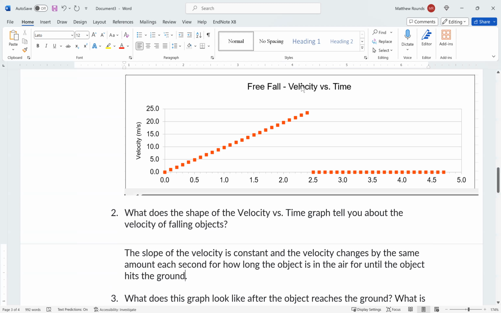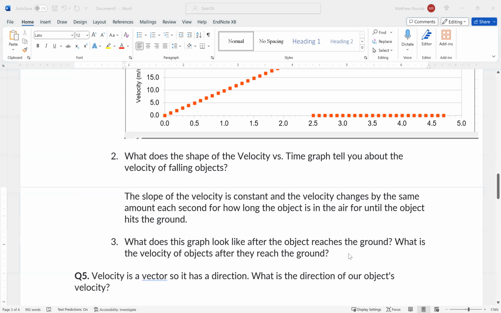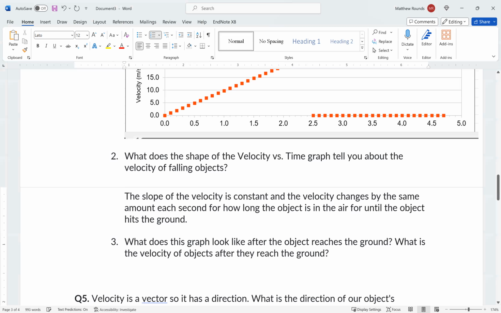Okay. And then what does it look like when the object reaches the ground? I mean, we've talked about this over and over again. What happens to the object once it hits the ground? What's the velocity? This is time zero, sorry. Yes, the velocity.